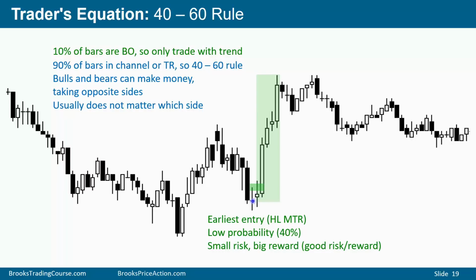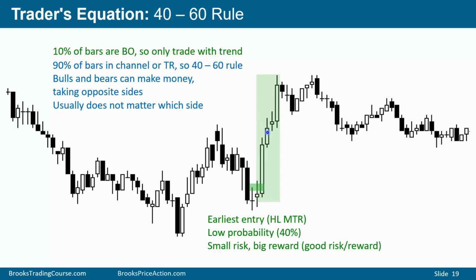That always comes with low probability. Whenever you have a great risk reward for your trade, you know the probability of making money is small. If you wait to buy during the breakout, your stop is much further away, the risk is greater, and there's less profit left. The reward is less.